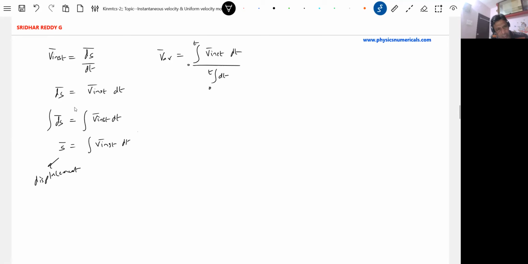Similarly, if you know instant velocity, can you calculate the distance? Yes. V instantaneous is equal to ds by dt. Instant speed is equal to ds by dt. So ds equals V instantaneous dt. This I'll integrate and I'll get the distance.